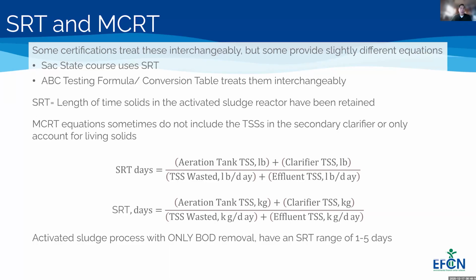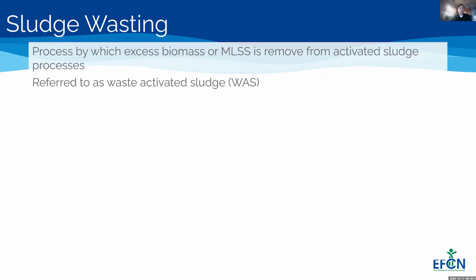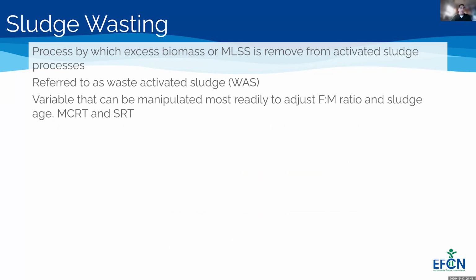And that brings us to how to calculate sludge wasting. As I've mentioned, sludge wasting is how we control the solids in our system. It's the process by which excess biomass or MLSS is removed from the activated sludge process. We usually refer to it as WAS, the waste activated sludge. It is a variable that can be manipulated most readily to adjust that F-to-M ratio and sludge age, like we mentioned.